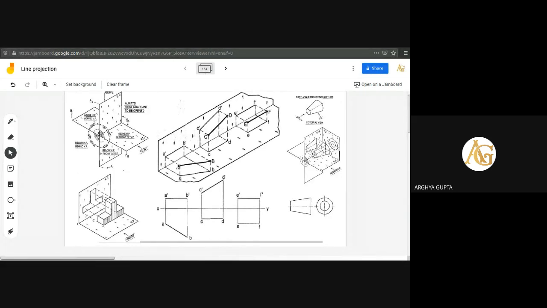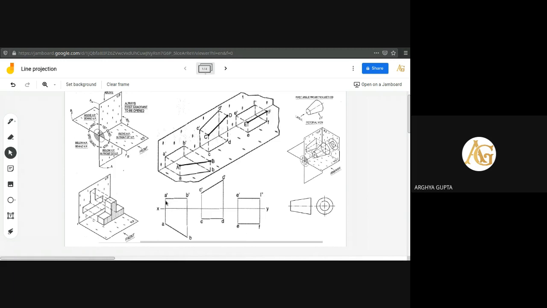So the distance of the A point from the vertical plane is drawn here. Then the inclination will be drawn, so the AB length will be found. Then we draw two projection lines, and the line will be some distance above the horizontal plane.